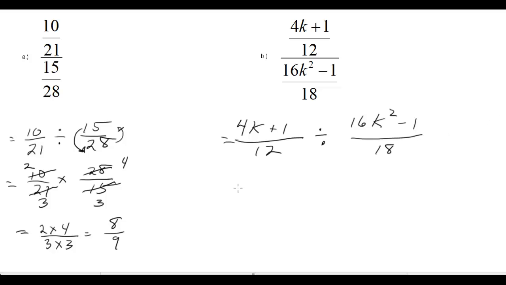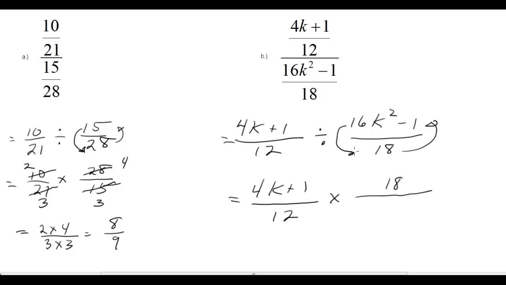So now we're going to change this into a multiplication problem. We leave the dividend intact, change the division sign to multiplication, and now we're going to flip. The denominator becomes the numerator, and this is going to go down. So we get 16k squared minus 1.